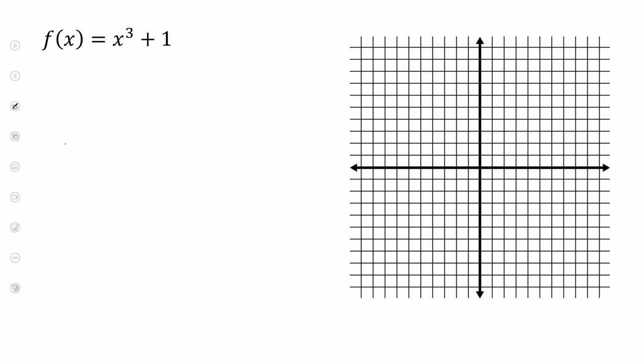This example, I'm going to go ahead and make my table. I'll plug in those same values. -2 cubed is -8 plus 1 is -7. -1 cubed is -1 plus 1 is 0. So those are the values I get in my table when I plug in these X values. Go ahead and graph it.